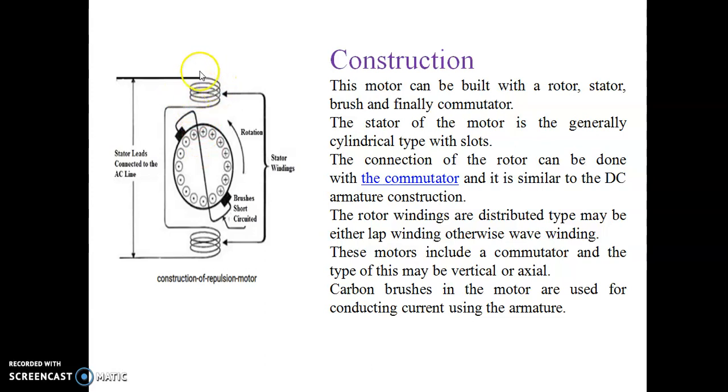From the stator, we are taking the stator leads outside for connection to the AC supply. The rotor windings are normally of distributed type, and it may be either a lap winding or a wave winding. The brushes used in the rotor are normally made of carbon in order to conduct the current using the armature.